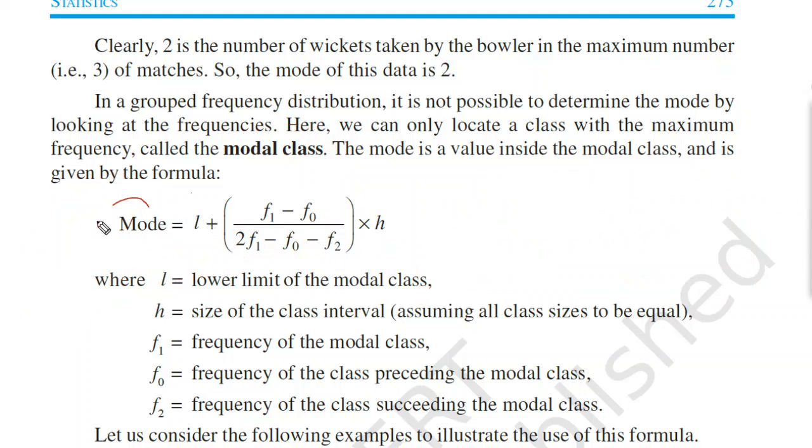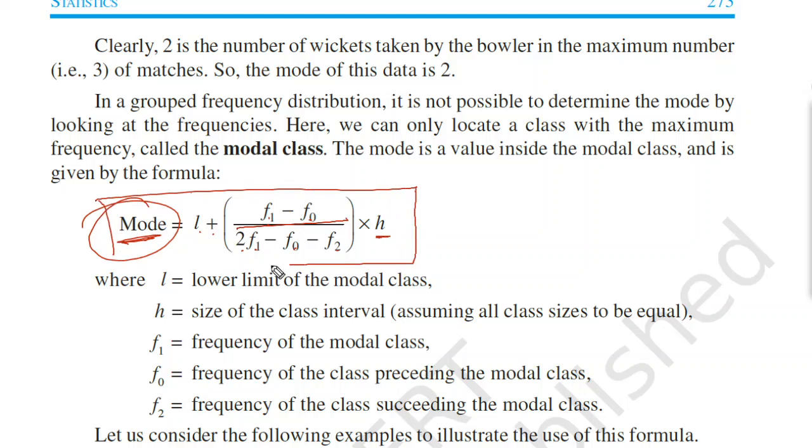For this we have a formula. Mode equals L plus (F1 minus F0) divided by (2F1 minus F0 minus F2), whole into H. So please remember this formula. You don't have to find how the formula is created.